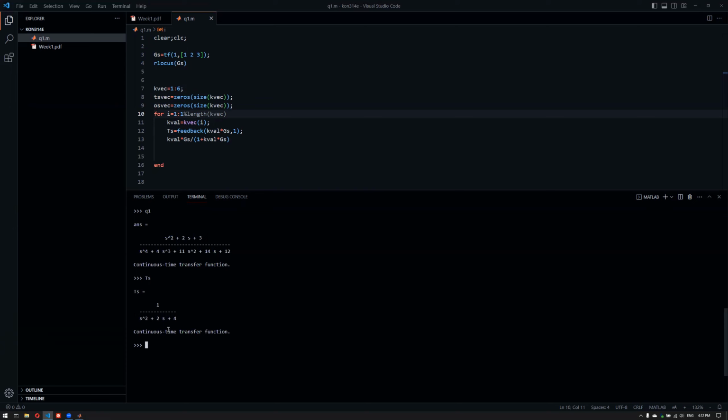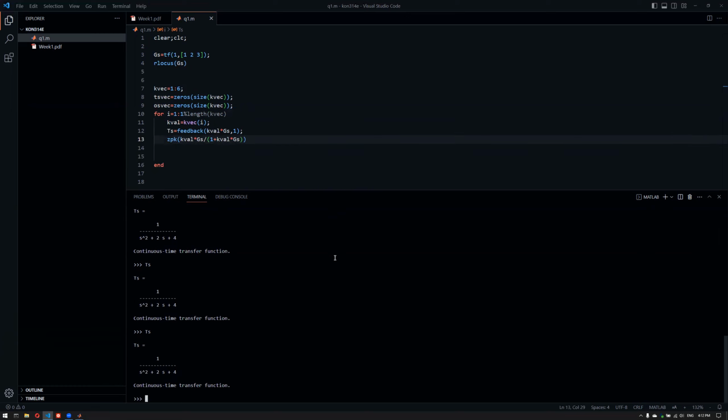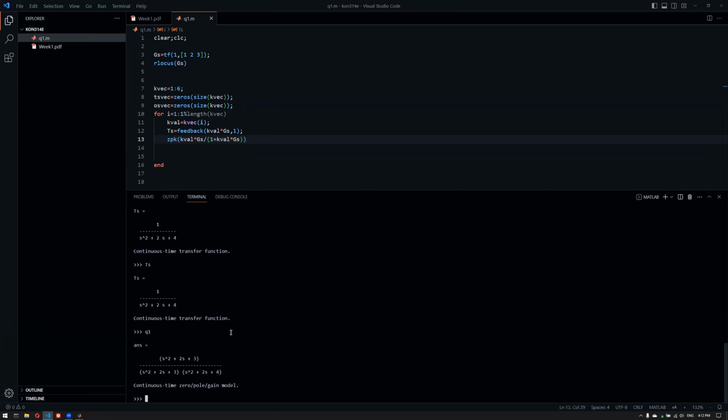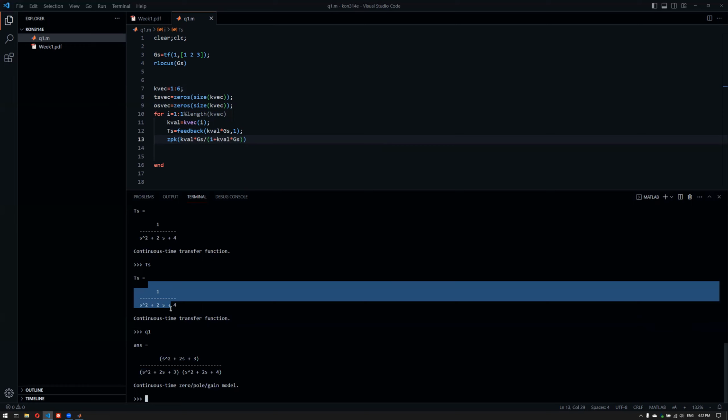Now, these might look different, but in fact, this is basically the same. And you can see if I convert it into ZPK, zero pole gain form, like this, that there's a certain s squared plus 2s plus 3 in the numerator and denominator. They cancel each other out, and the result is going to be the same.